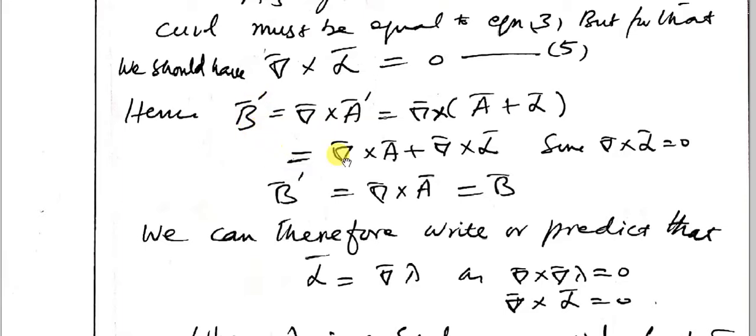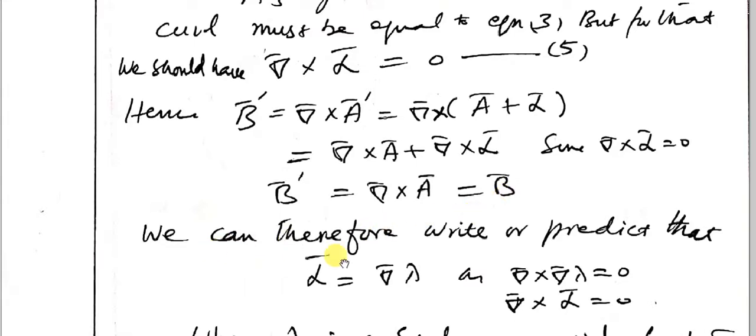When we apply curl to A prime, we get curl of A plus curl of alpha, and since curl of alpha must be equal to 0, B prime is equal to curl of A, which is the original B. Hence we prove that if we make a change in the vector potential this way, it will not affect the original field B.